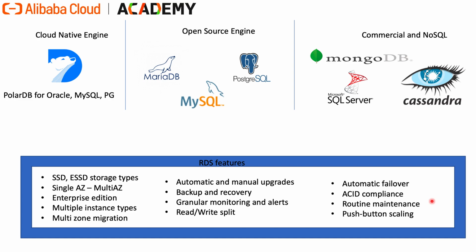You can set your routine and it will do that upgrade, and it will also do your regular maintenance tasks. Then push button scaling, which is kind of elastic scaling. If you want to upgrade your storage or compute, you can do it just from the RDS console. So these are the RDS features which we have in MySQL.